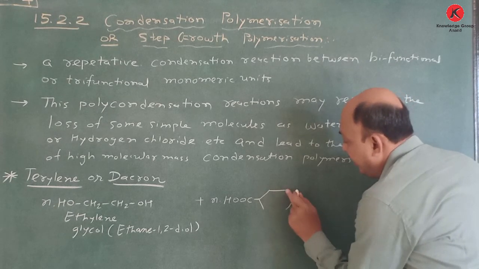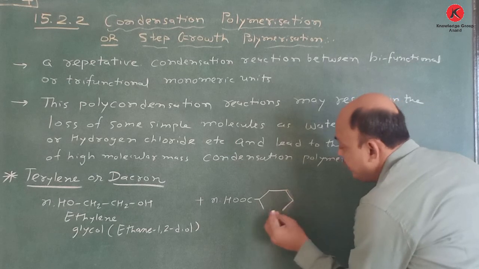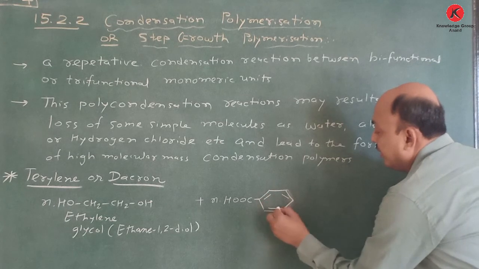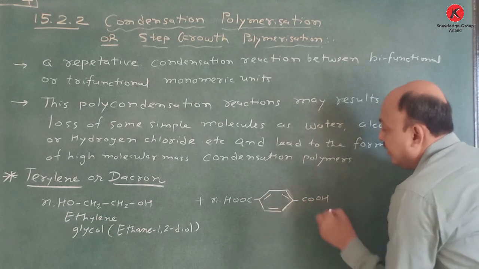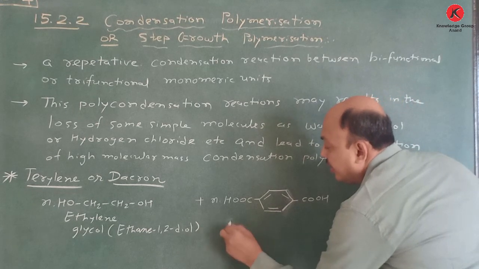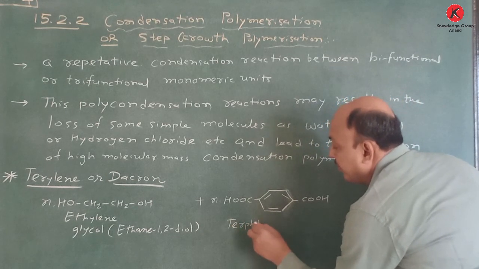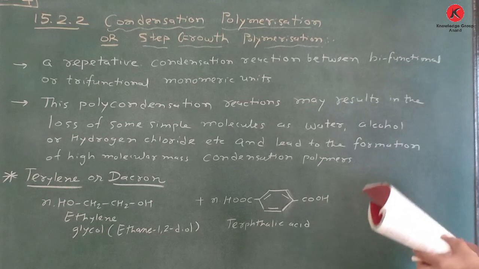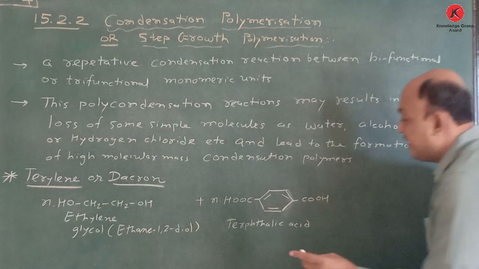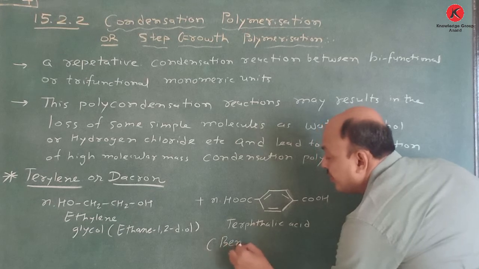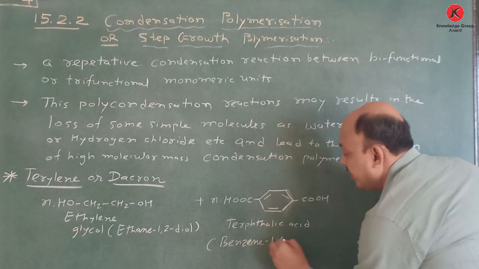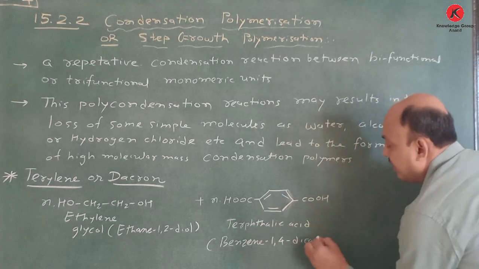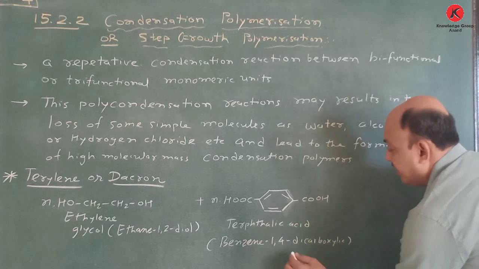So this is the formula of terephthalic acid. You know this one, this is a very easy formula. Terephthalic acid, okay, the spelling is also correct. Benzene 1,4-dicarboxylic acid.